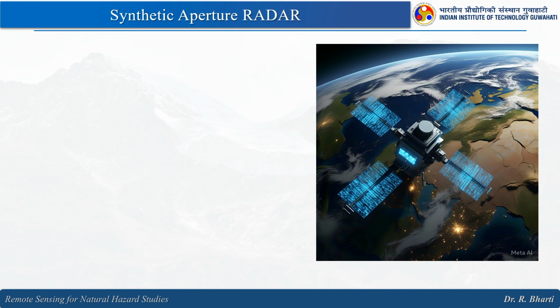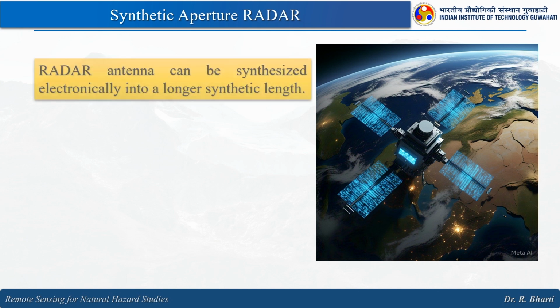Now, we will learn about the synthetic aperture radar. A radar antenna can be synthesized electronically into a longer synthetic length. I explained in the previous slides that we have SAR, synthetic aperture radar, where the antenna length is not real, it is synthesized electronically to a longer length.